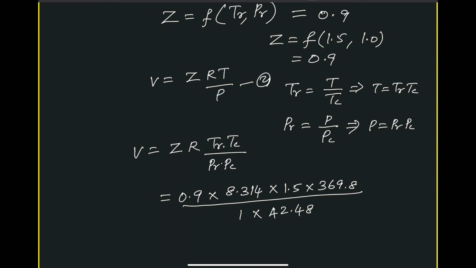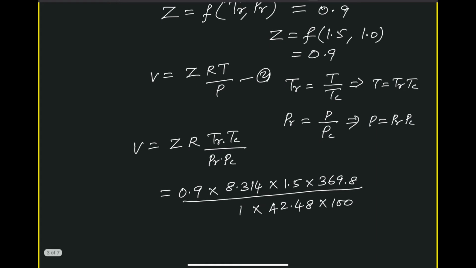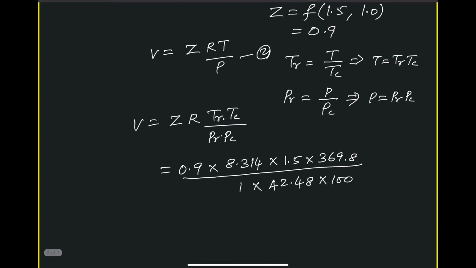The pressure is in bar, but the unit of R is in kilonewton per meter square unit. So this 42.48 bar also has to be converted into kilonewton per meter square, which means multiplying by 100. We know 1.01325 bar is 1.01325 into 10 power 5 Newton per meter square, which is also equal to 101.325 kilonewton per meter square.